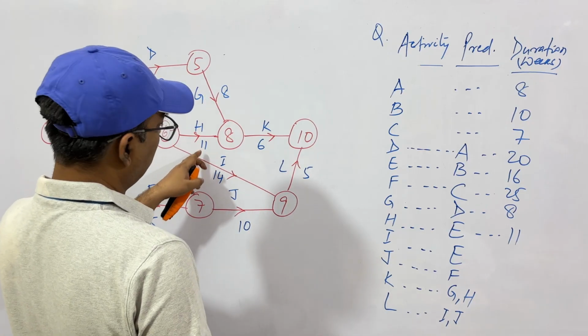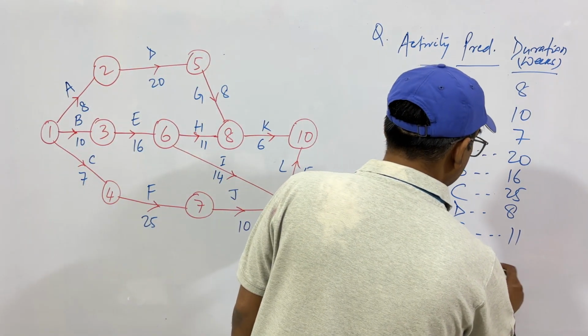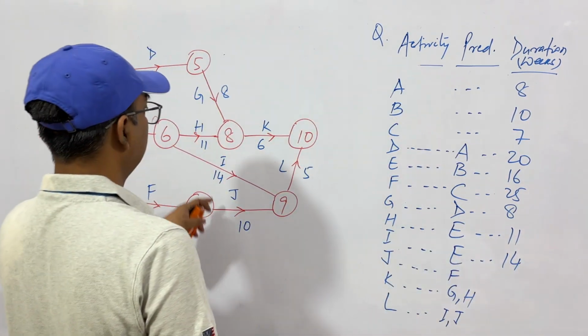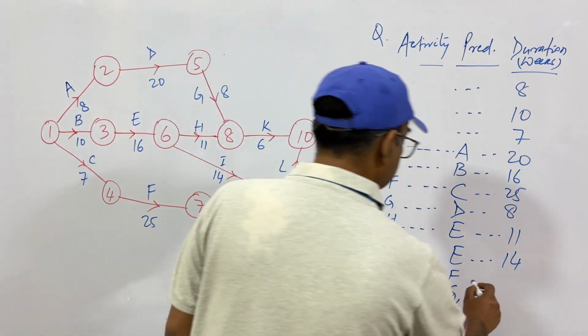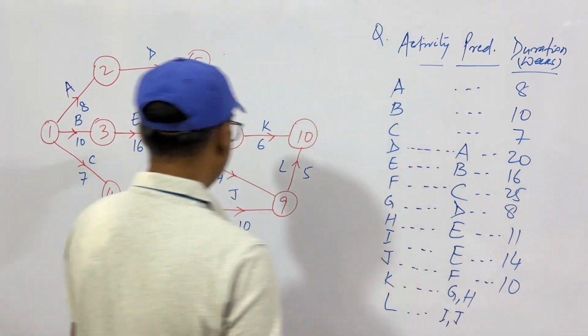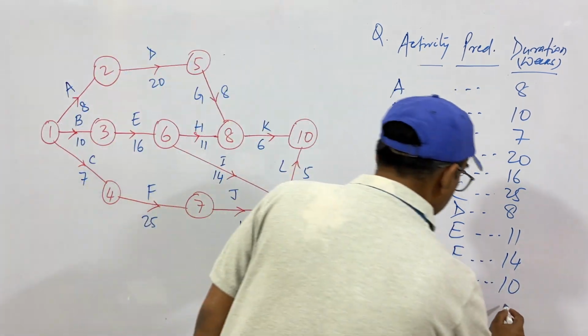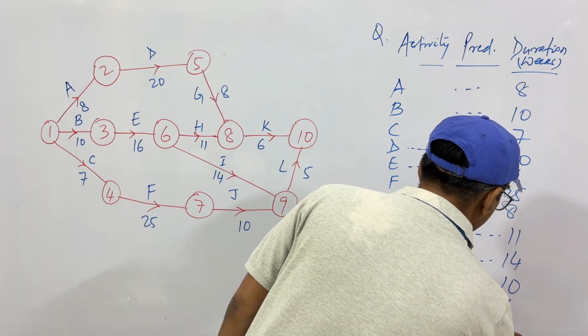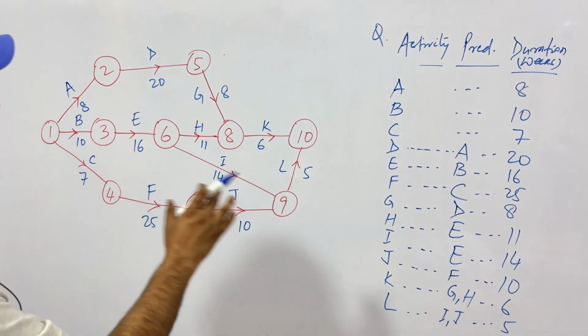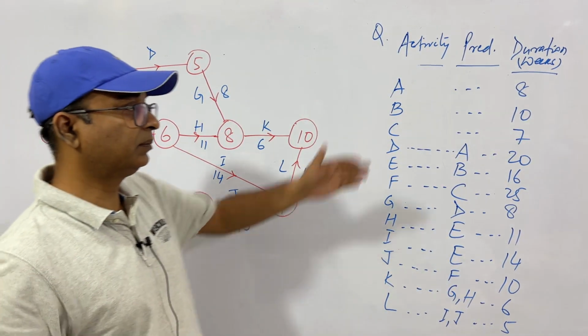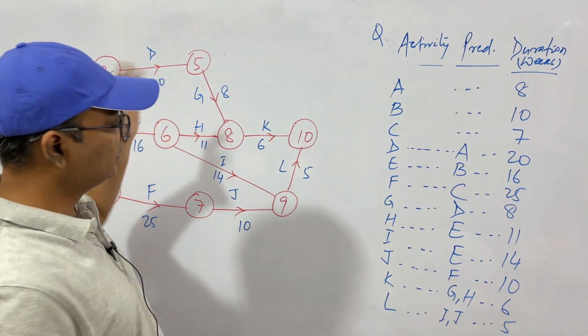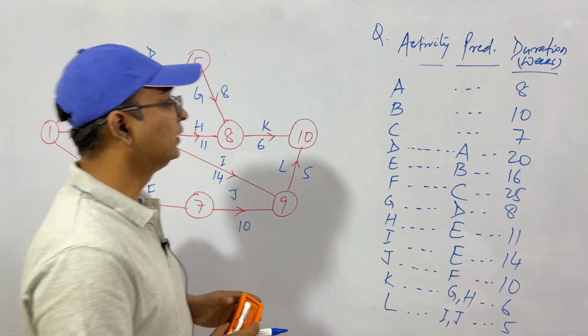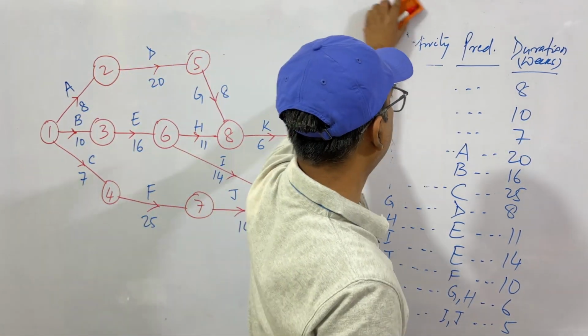Then you have I 14. J is 10, it requires 10 weeks. K 6 and L 5. So we have done reverse engineering. If this table was given, we would have constructed this diagram. Okay. Now let's find out the critical path.